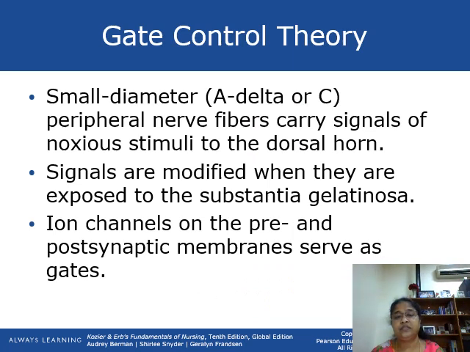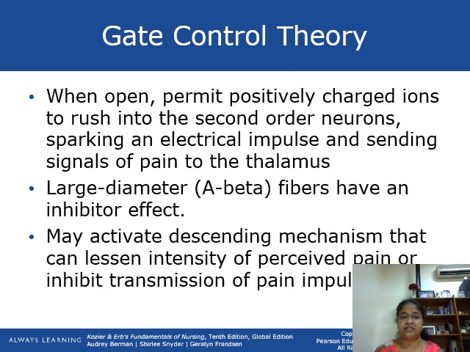So when small diameter fibers, that is peripheral nerve fibers, carry signals of noxious stimuli, noxious means painful stimuli, to the dorsal horn, signals are modified when they are exposed to the substantia gelatinosa. Okay, so the ion channels on the pre and post synaptic membrane serve as gates.